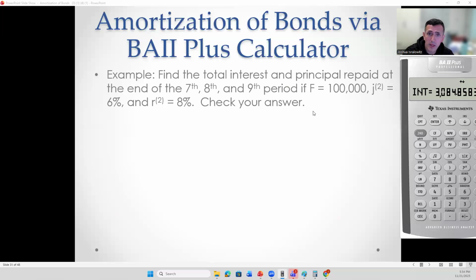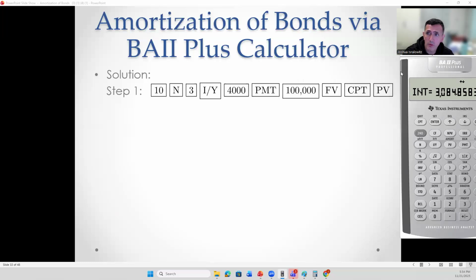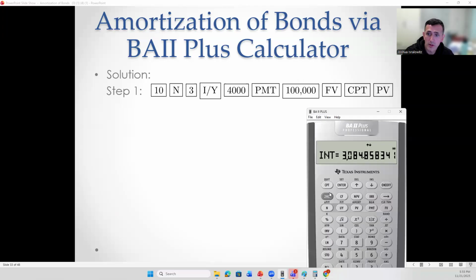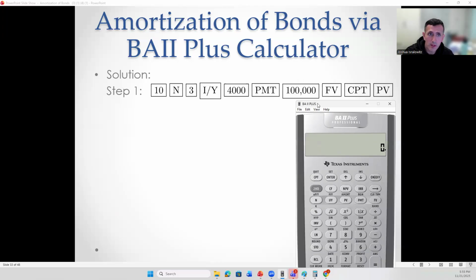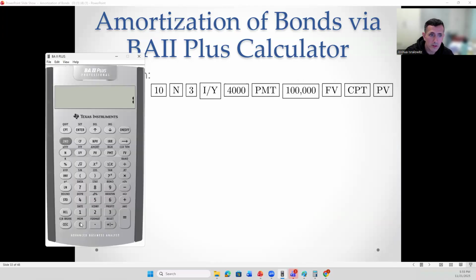We do the same thing. I'm going to clear the TVM and re-input this stuff. N is 3, interest 4, payment 100, redemption 100,000, compute present value.